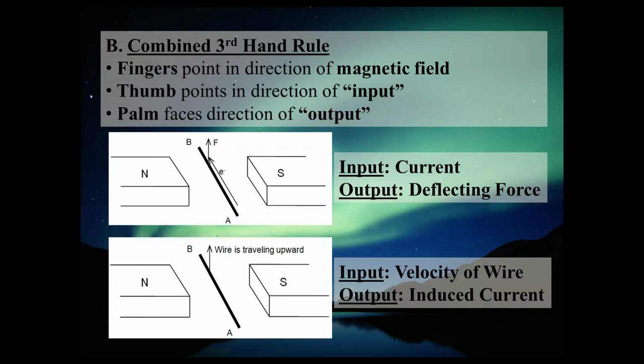If you do this correctly, the direction that your palm faces should be into the page. It should be facing into the computer screen. So that would tell me that the direction of induced current would be from A to B. If induced current goes from A to B and the wire is broken, I would just polarize the wire. So if induced current goes to side B, this side would become positive and side A would become negative.